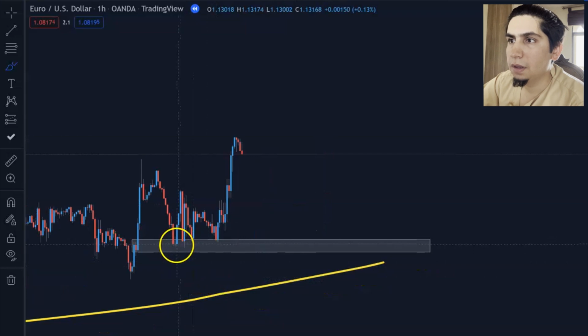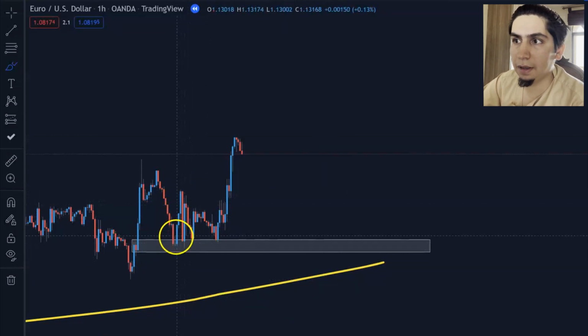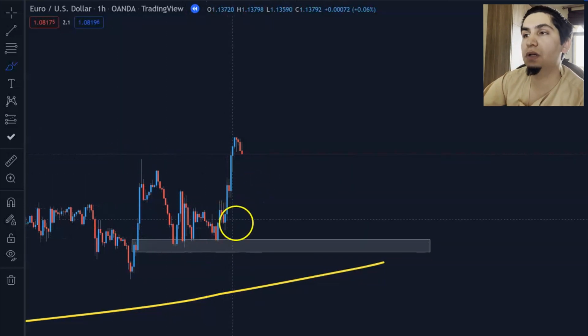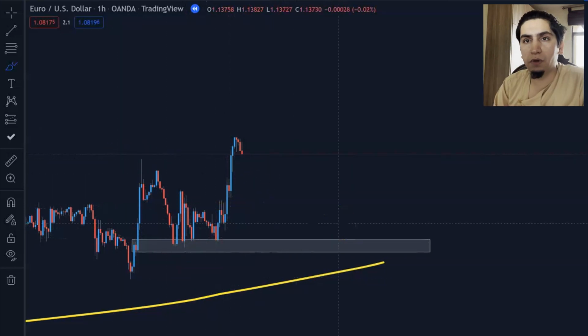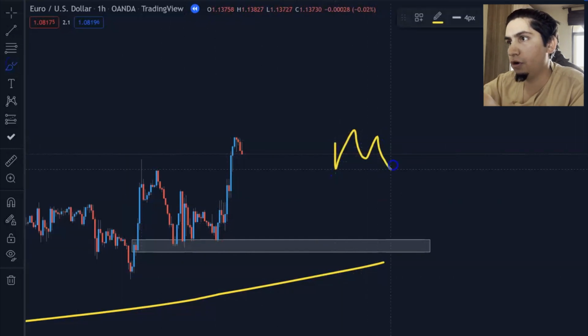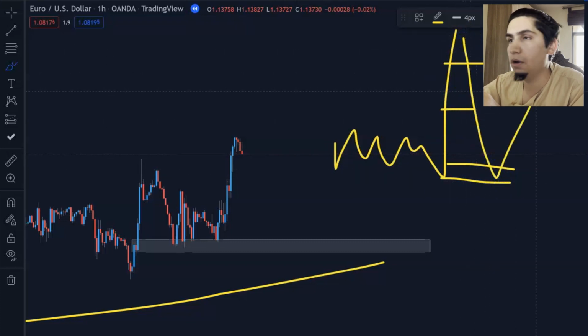Price came, it bounced, creating another break of structure, but again leaving some imbalance, came back, tapped into the order block, and then from there started going up. And here we have another break of structure, so price is likely to go to the upside. You need to go to the smaller time frame, and essentially you're looking for the same thing as the high time frame. Structure, break, that's going to be the imbalance, and here is likely to be an order block. So you want price to come here, tap, go.